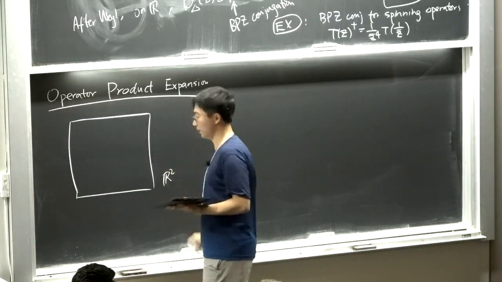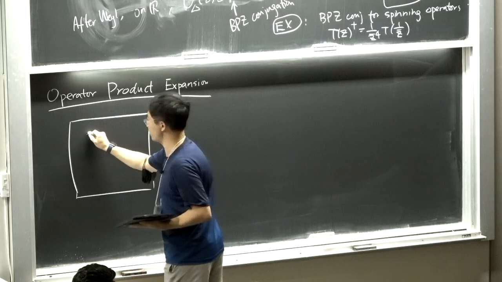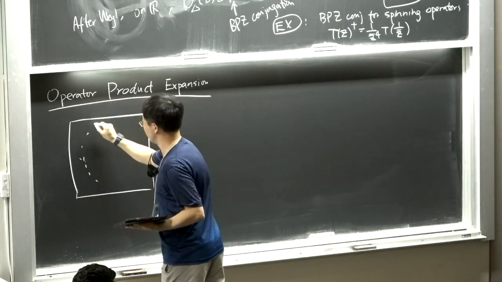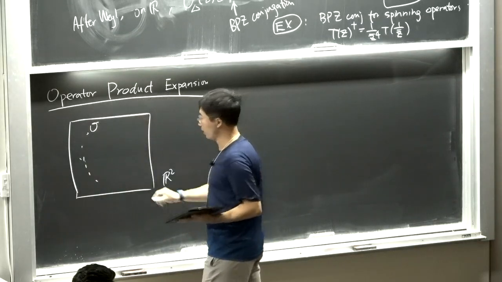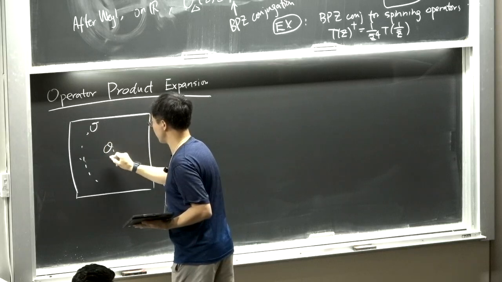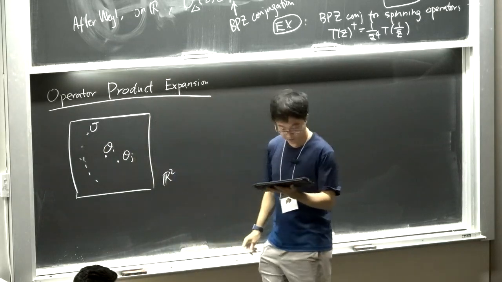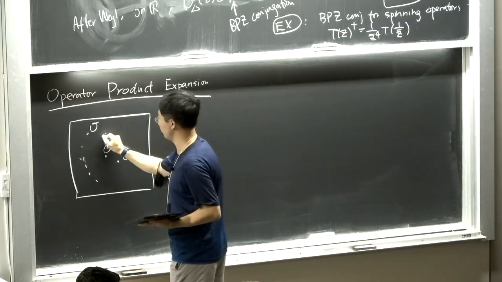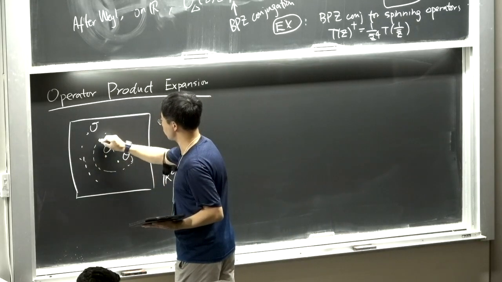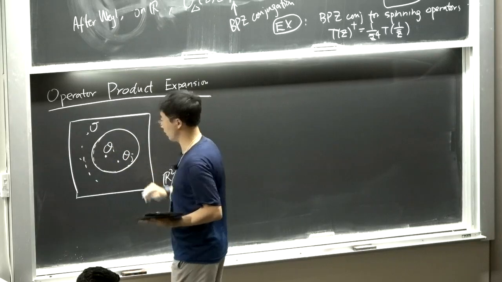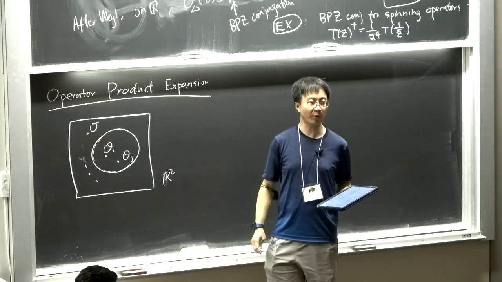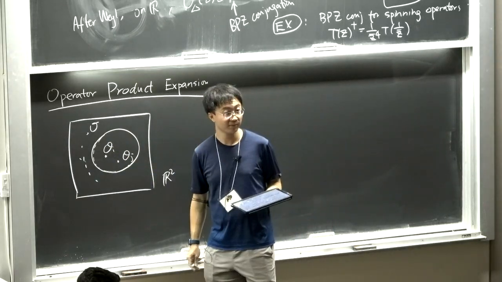So the picture you should have in mind is that you're on the plane, and you have a bunch of operator insertions, and in particular, let's pick out two of the insertions over here and here, label them by O_i and O_j, and assume that there's a circle that encloses these two operators and nothing else.